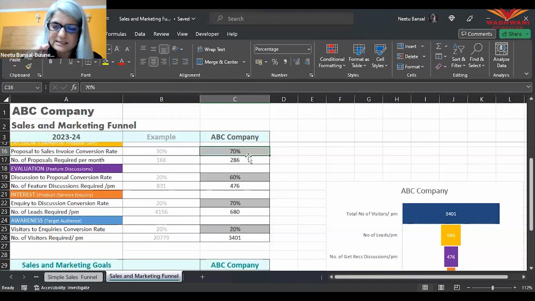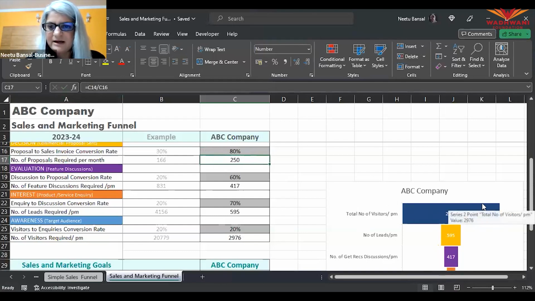So you laser focus on this stage and say, if I am able to improve, streamline, bring changes at this one single stage, and instead of converting 7 out of 10, I do 8 out of 10, what will happen? Remember that your current visitors is 3,400, and here if you make it from 70 to 80%, just by improving that one person over here, your number of visitors per month from 3,400 has become 2,976. It's reduced by nearly about 400.